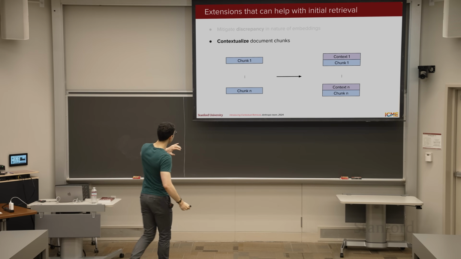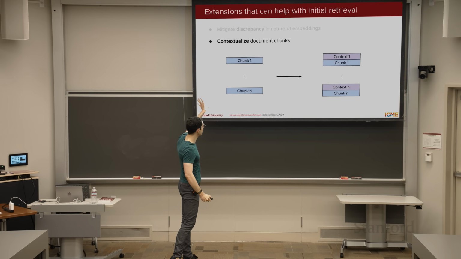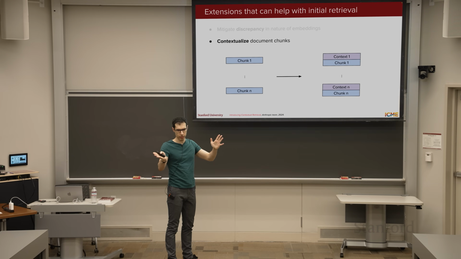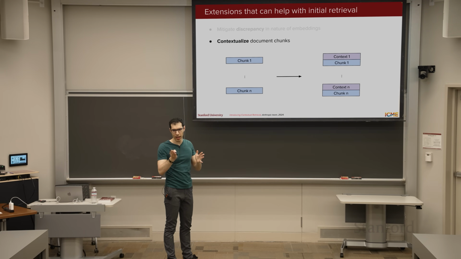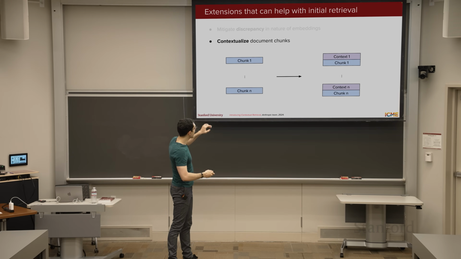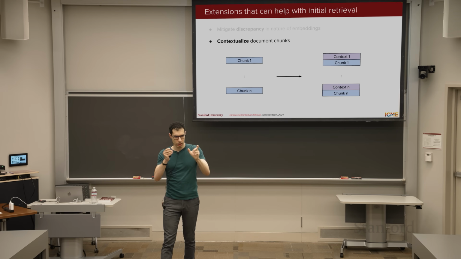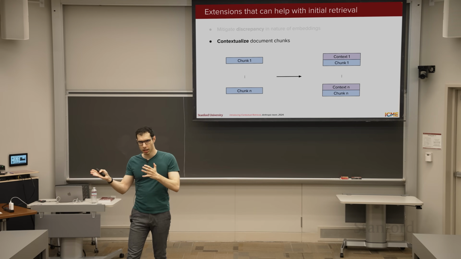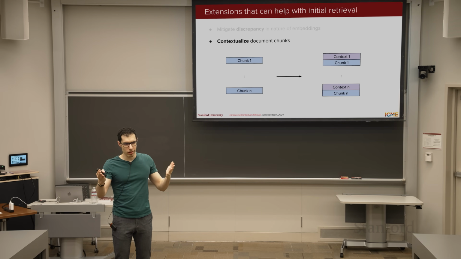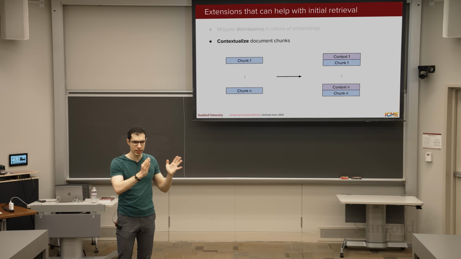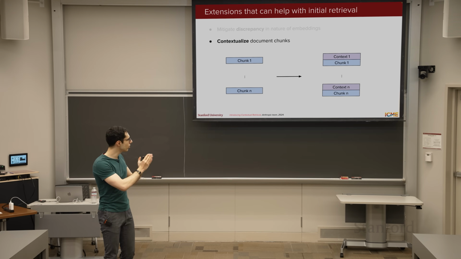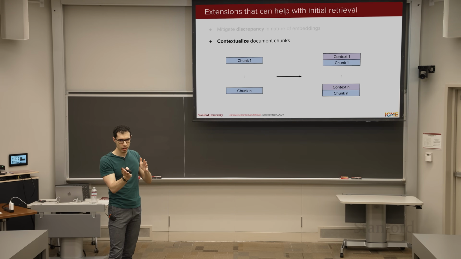So you have all your documents. Let's say you have one document that you divided into n chunks. The idea here is instead of considering these chunks separately, you're going to compute some kind of context that is relevant to each chunk and that is based on the whole document.